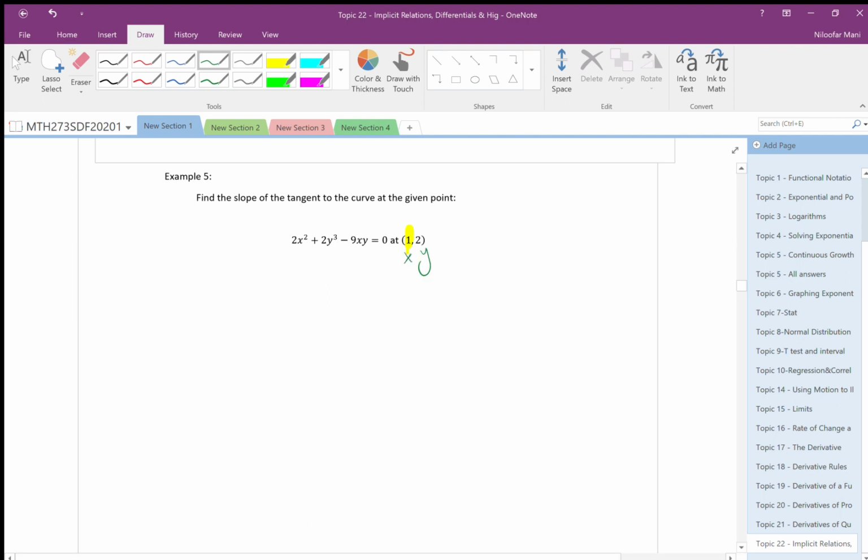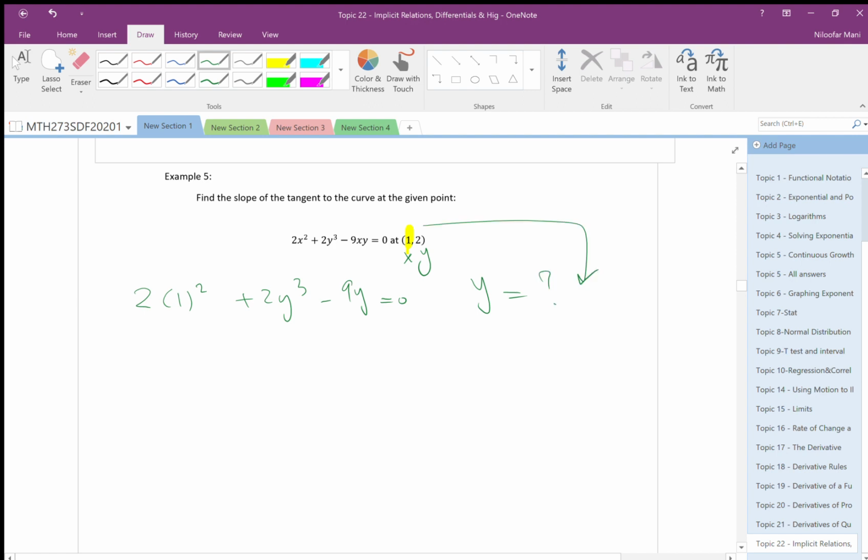I don't have y equal f of x, so I need to have y. Somebody has to give me y, otherwise I have to find it, and that's hard. See, if I put 1 here, I have 2 times 1 squared plus 2y cubed minus 9y equals 0. Then you want to solve for y. It's hard. That's why y is given to you.